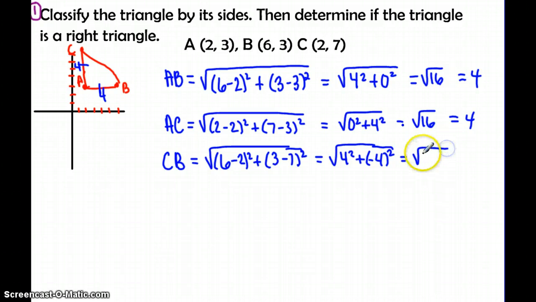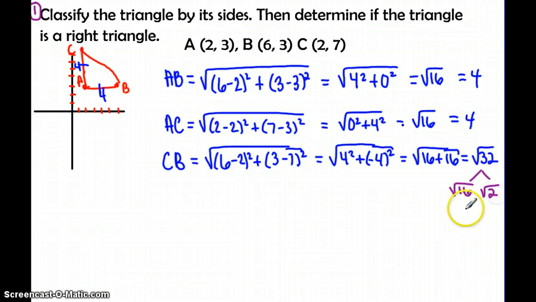So that's the square root of 16 plus 16, and that's the square root of 32. But I don't want to leave it as the square root of 32 because there are perfect squares that go into it, so I can reduce it. 32 breaks up into 16 and 2. So 4 times the square root of 2 is my answer for the length of CB.